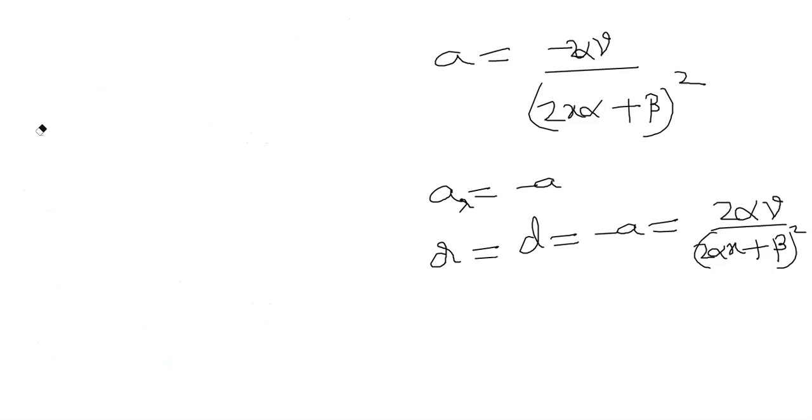Okay. Now, tell me what was our velocity equation? 1 by 2x alpha plus beta. Is it or not? You observe what is there here? 1 by 2x alpha plus beta whole square is there or not?